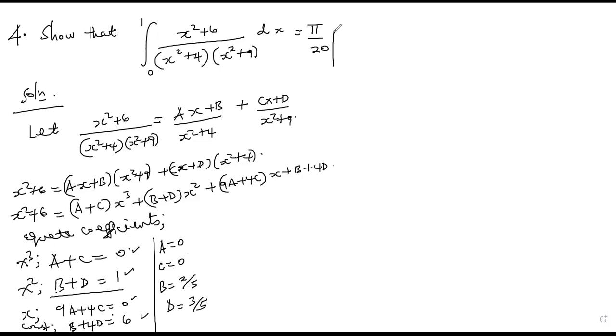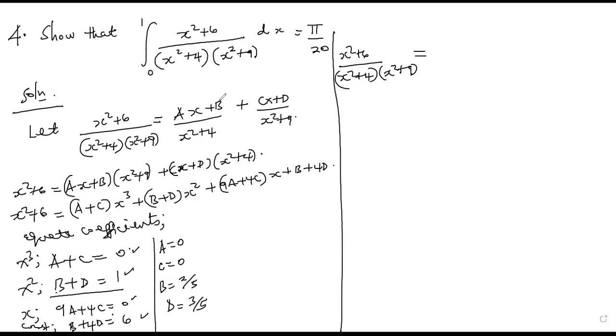So when you substitute, it means that the whole thing x squared plus 6 over x squared plus 4 into x squared plus 9 is going to be equaling to ax.